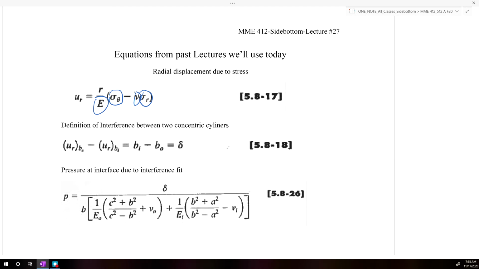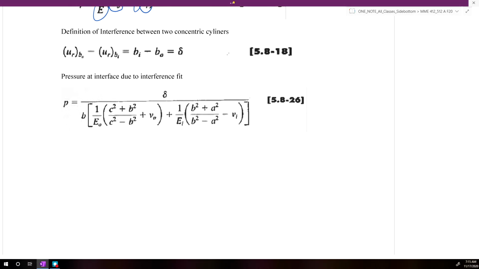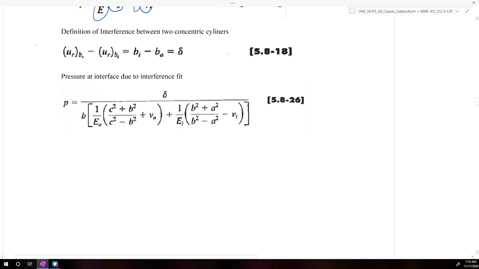In the case of two concentric cylinders, we'd have an inner cylinder with an inner radius, which we'll label A, and an outer radius, which we'll label B.